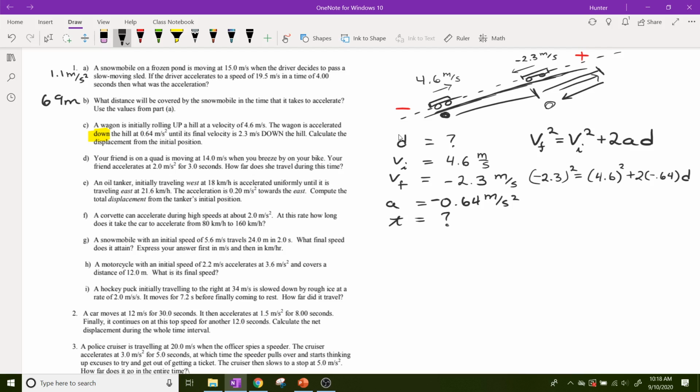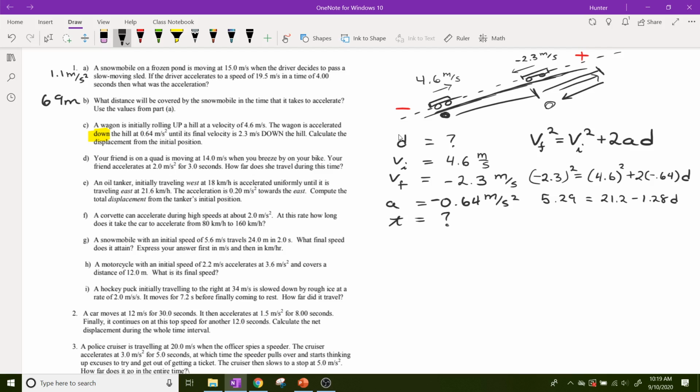Okay. I'm going to write down a couple of things for my digital people. The 2.3 squared is 5.29. The 4.6 squared is 21.2. The negative 0.64 times 2 is 1.28, and that's a negative, so let's just write minus 1.28 times displacement.